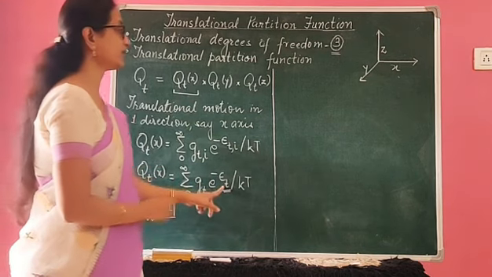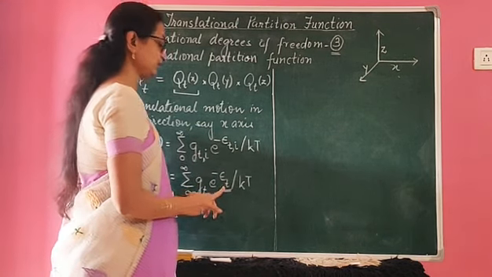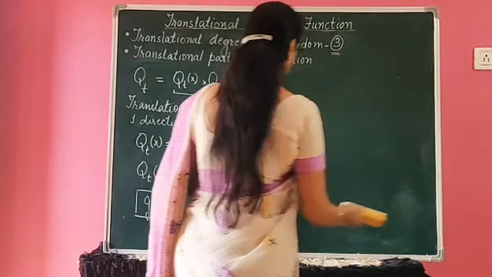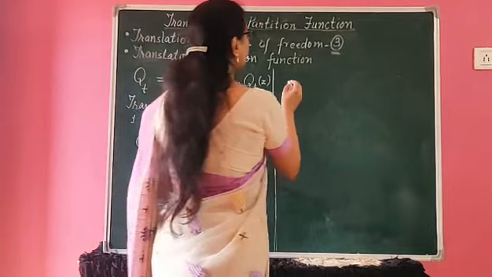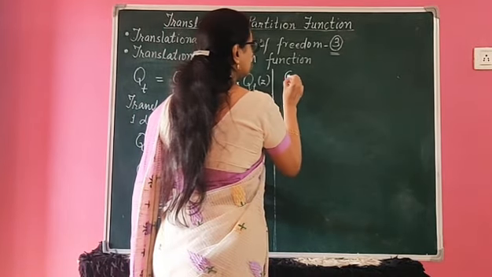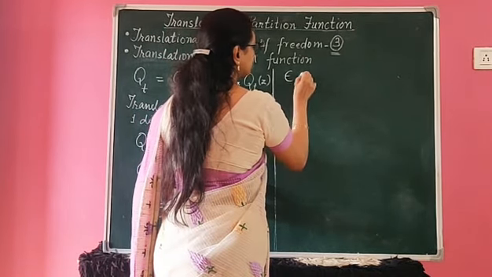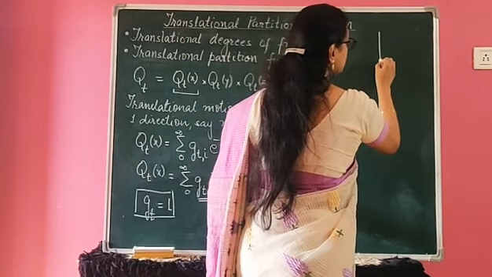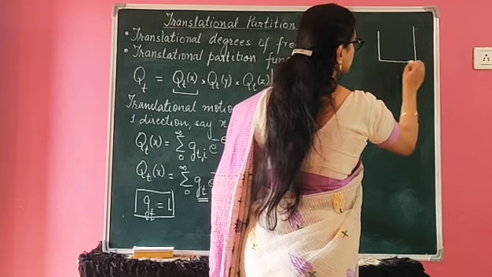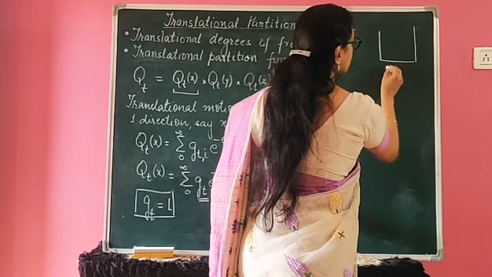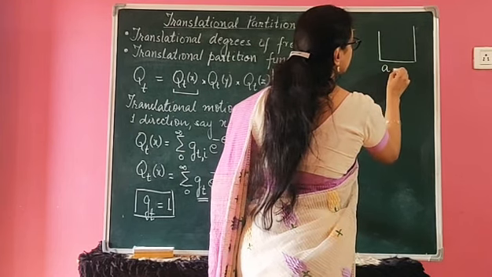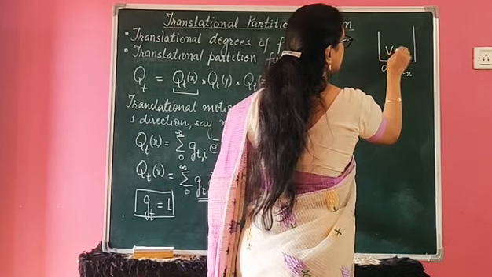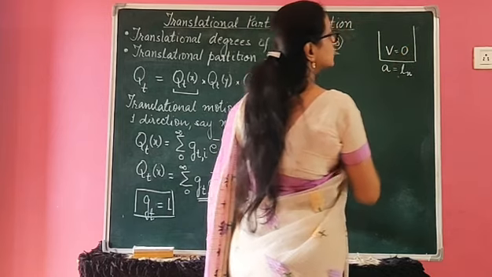Now let's see what is translational energy level. When we solve Schrodinger wave equation for one-dimensional box, in quantum mechanics we have seen the translational energy for one-dimensional box. If we take one-dimensional box, this is the dimension along x direction. Let us take it as Lx, and the potential energy inside the box is taken as 0.